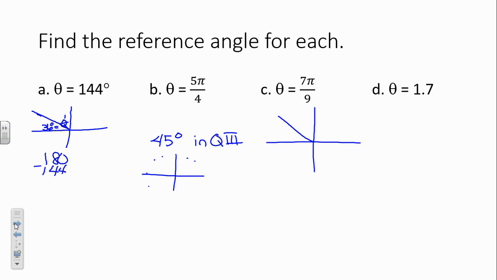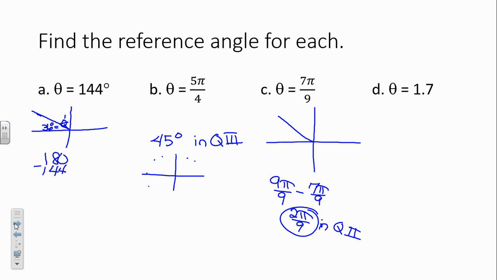And so we would take 9 pi over 9, which is the same thing as 180, right? And subtract that 7 pi over 9. Yep. And that is our reference angle. Make sense? Adding to 180, subtracting from 180, adding to 360 is subtracting from 360.